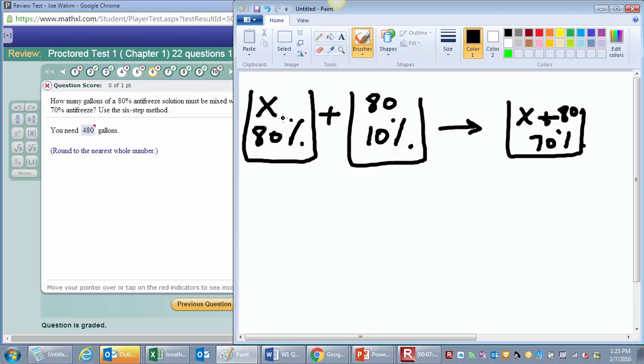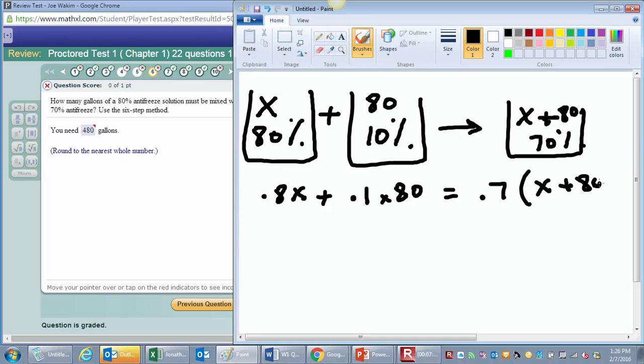So all we have to do with the pure antifreeze, which is here 80% of x, would be 0.8x, and 10% of 80 would be 0.1 times 80. 70% is 0.7 times x plus 80.